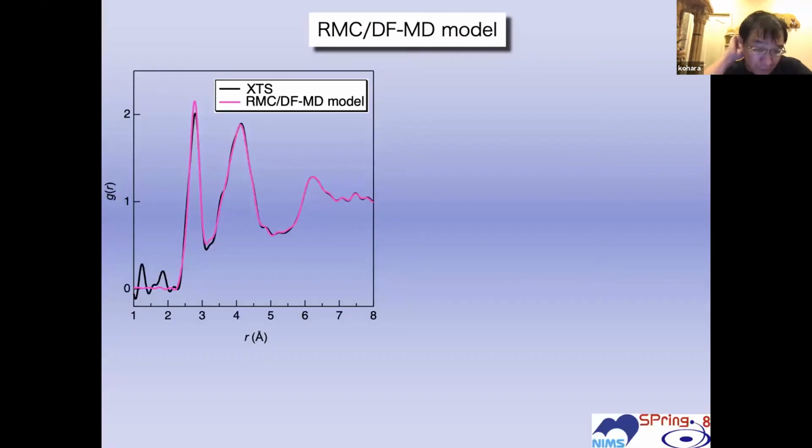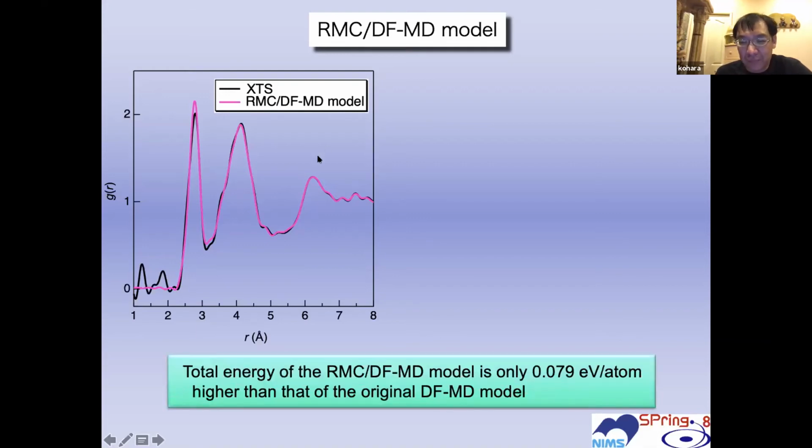And I would like to show you the final combined RMC-DFMD model. We can get good agreement between the X-ray diffraction, the blue curve, and the magenta combined RMC-DFMD model. And also, an important point: the total energy of our final model is only 0.079 eV per atom higher than that of the original DFMD model.